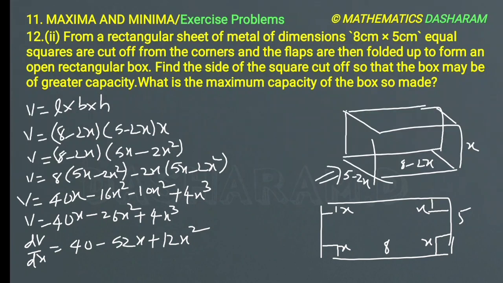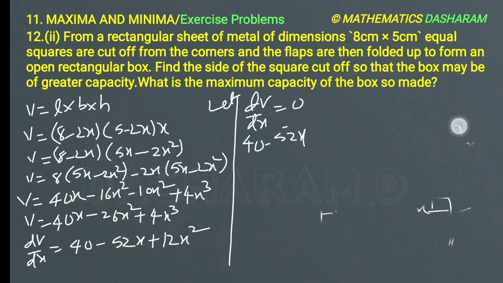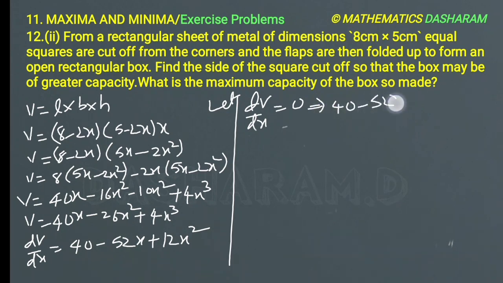So let's take dv by dx equals to 0. So 40 minus 52x plus 12x square equals 0.